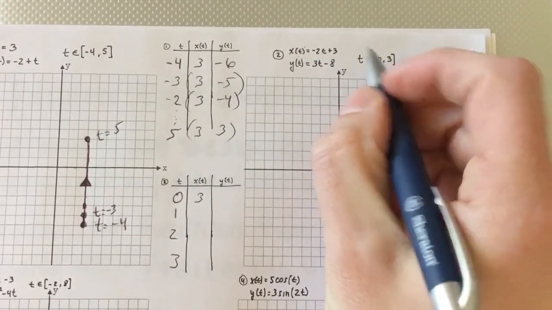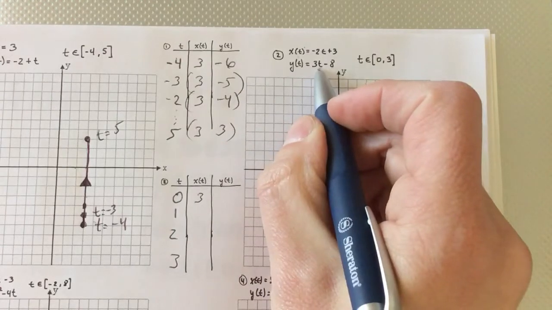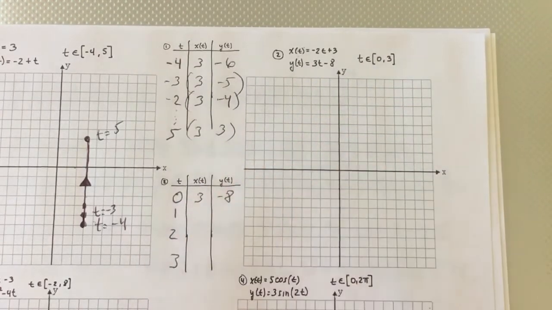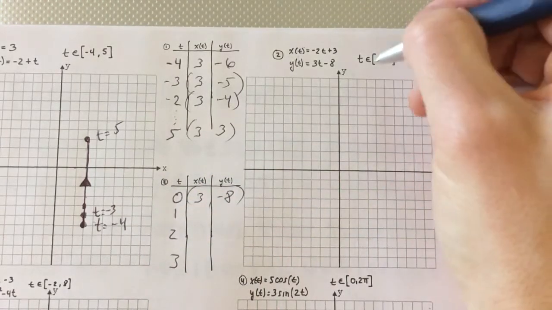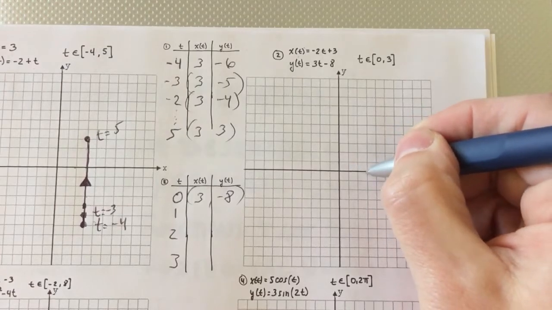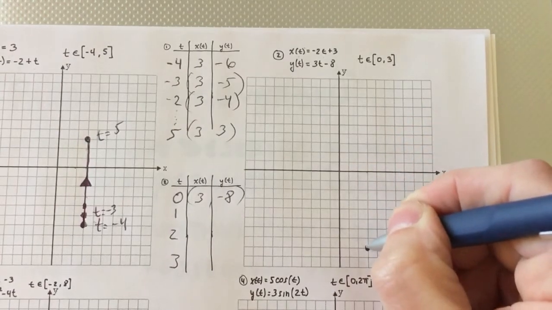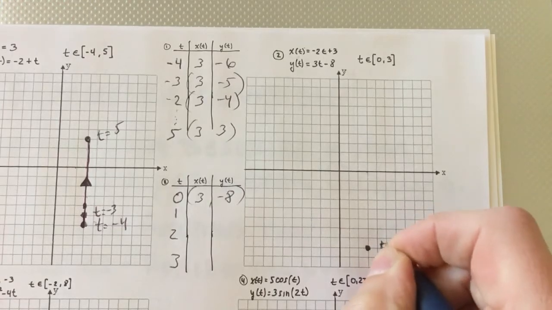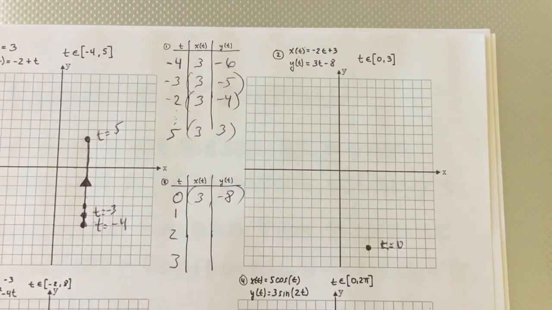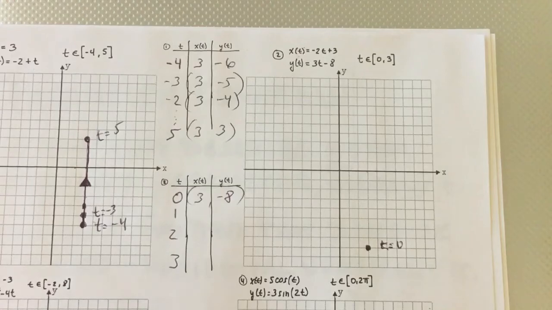If t is 0, then y is 3 times 0 minus 8, -8. So 3, -8. That gets us a coordinate, an xy pairing. So 1, 2, 3, -8. I like to put down a note. That's where we're starting. I'll put down t equals 0, so I have my initial point. Motion matters.